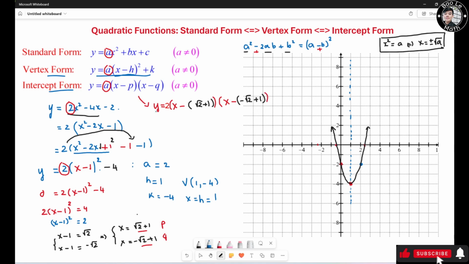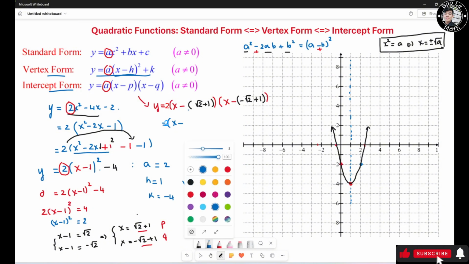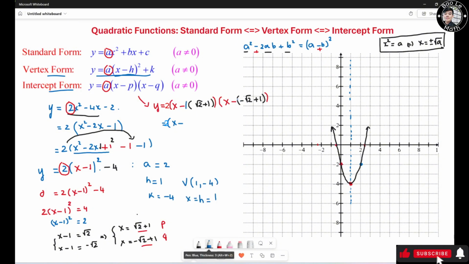Now you need to distribute the negative 1 right here. So it turns out to be s minus, you distribute this negative 1, so it turns out to be negative root 2 minus 1 times s plus root 2 minus 1. And this is the final answer for the intercept form.